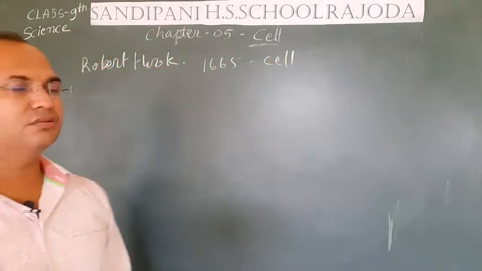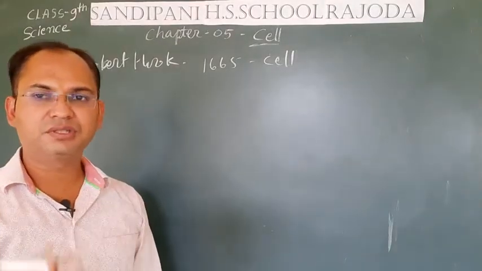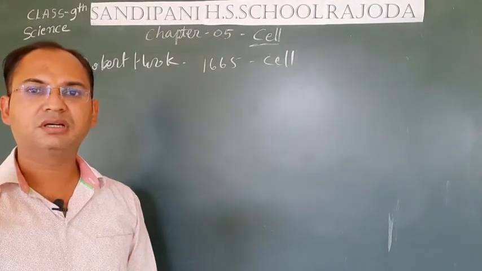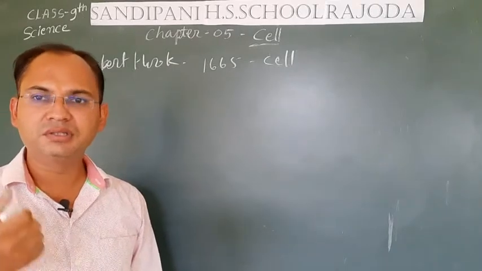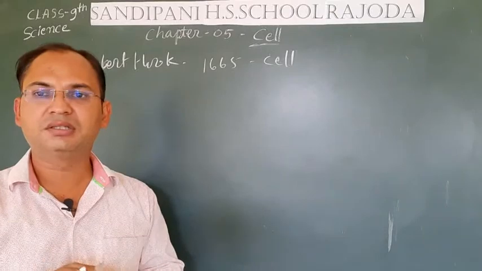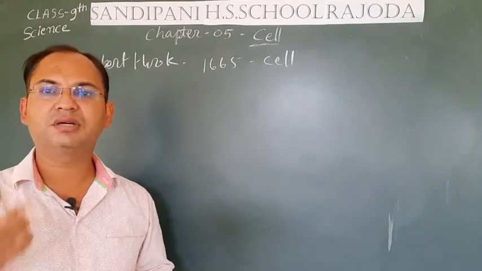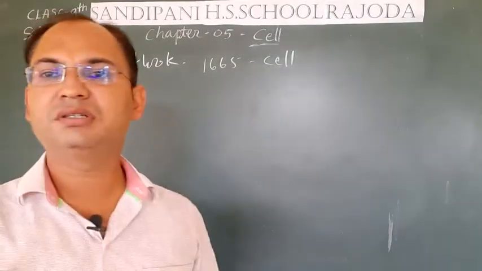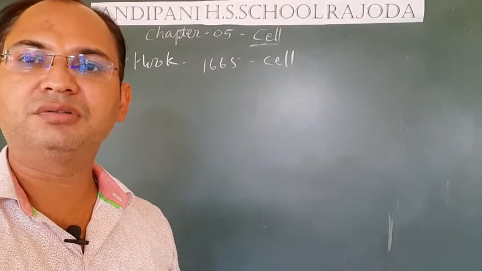The credit goes to Robert Hooke for the discovery of the cell, but he didn't discover much inside the cell. He gave a rough idea that living things are made up of small particles or small units.